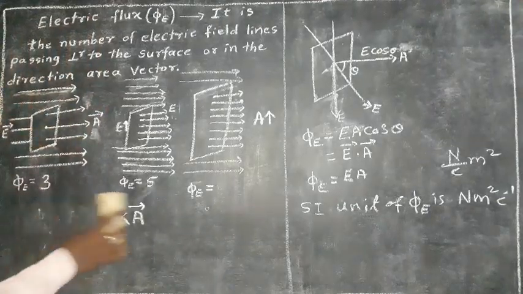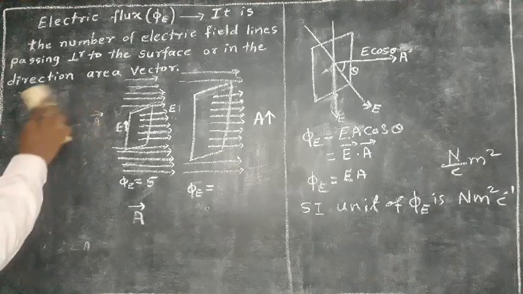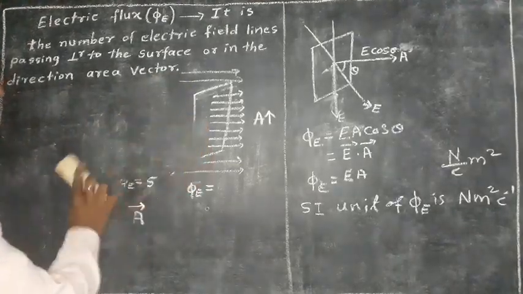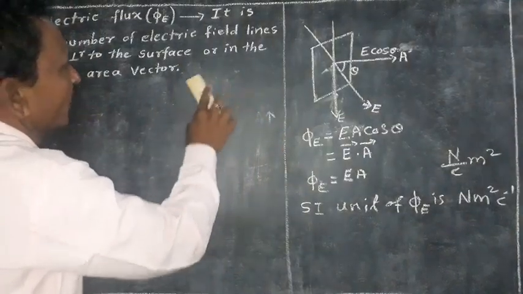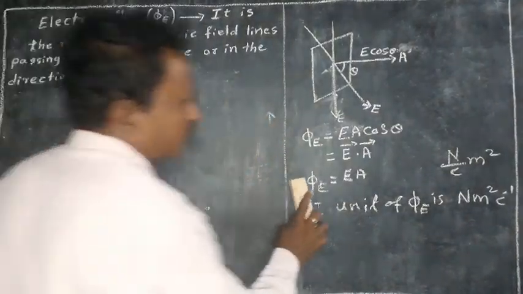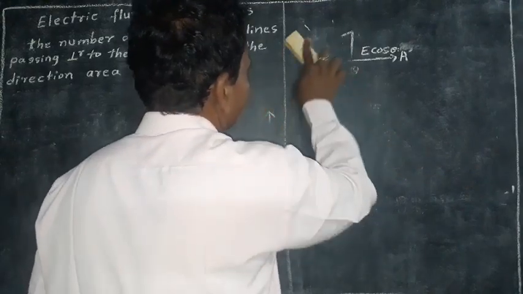And to calculate flux through a closed surface or 3D surface like a cube, sphere or cylinder, these are called closed surfaces.